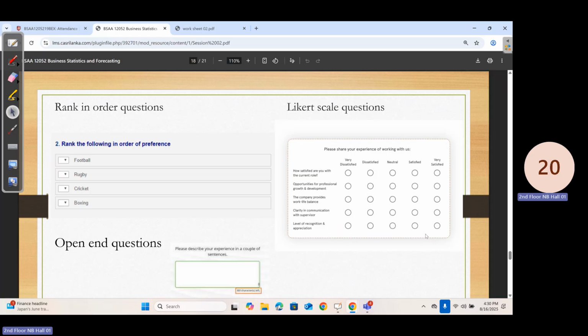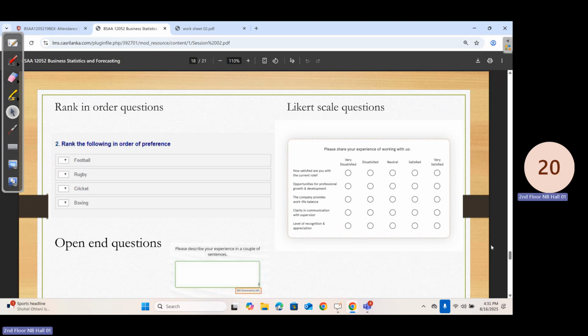Normally 5-point and 7-point Likert scales are used. A 5-point Likert scale starts from strongly agree, then agree, neutral, disagree, strongly disagree. You need to select your choice. These kinds of questions we call Likert scale questions. Normally, when we need to check customer satisfaction for a particular service or product, we can use Likert scale questions. It's clear?